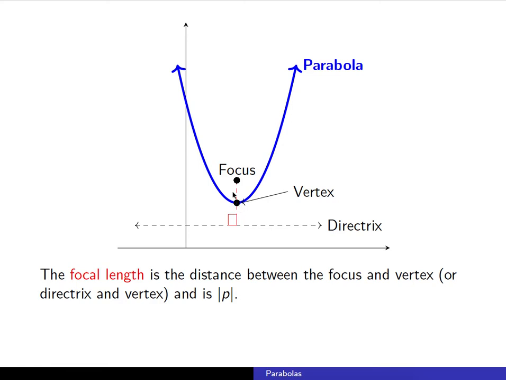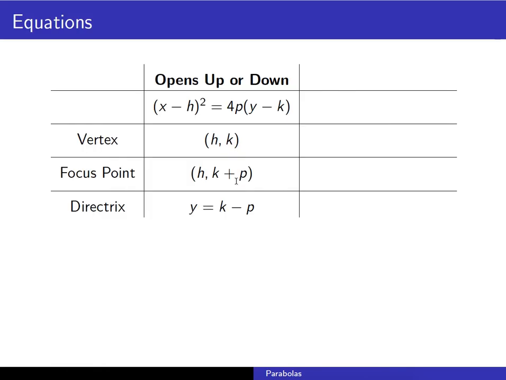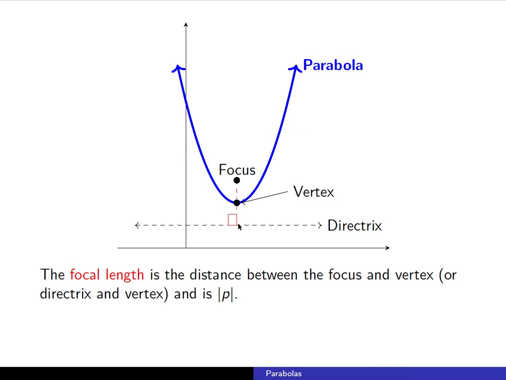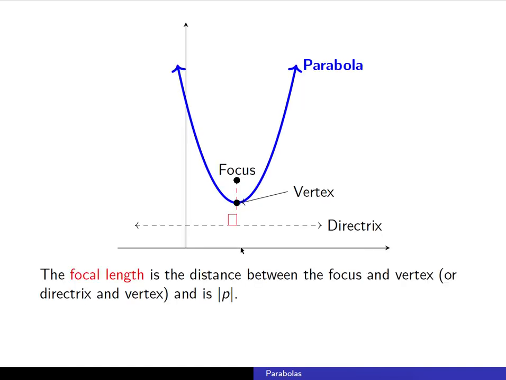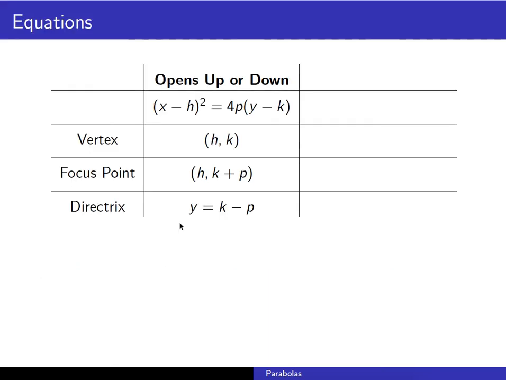So if it's opening upward, we're going to add that value of p to the y coordinate of the vertex to get our focus point. And likewise, we are going to subtract that value of p from the y coordinate to get our directrix line. Keep in mind our directrix line, if a parabola is opening up or down, is going to be a horizontal line, and the equations of horizontal lines are y equals wherever it happens to intersect the y-axis.